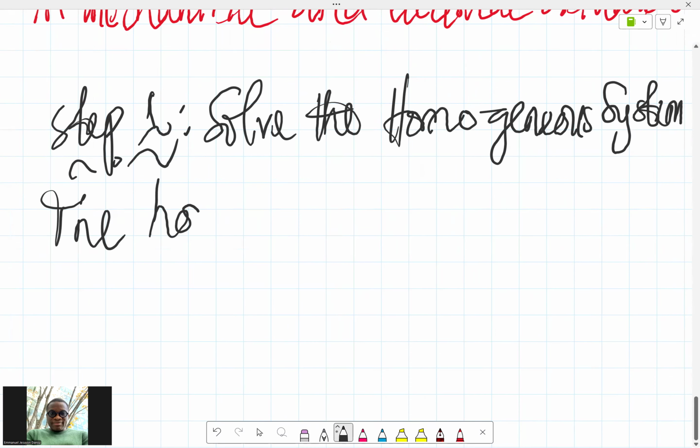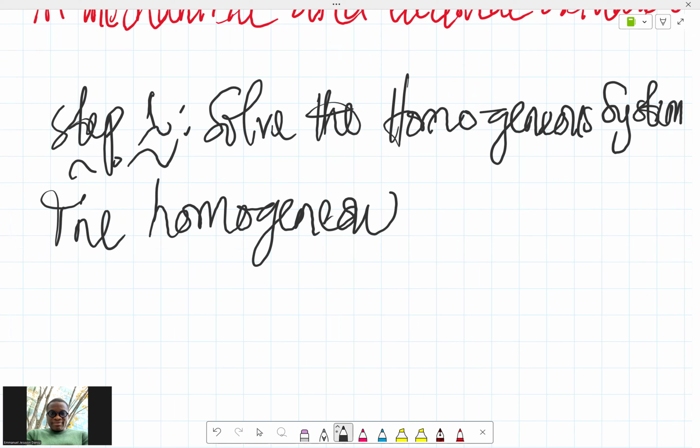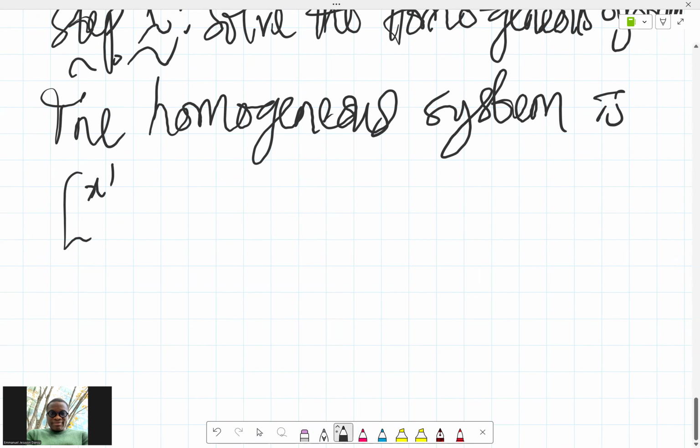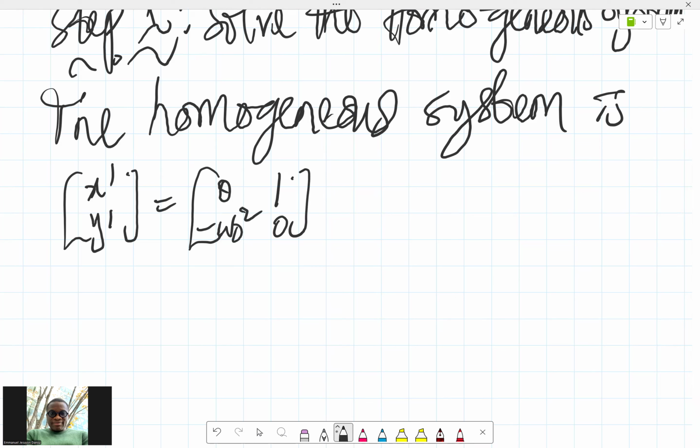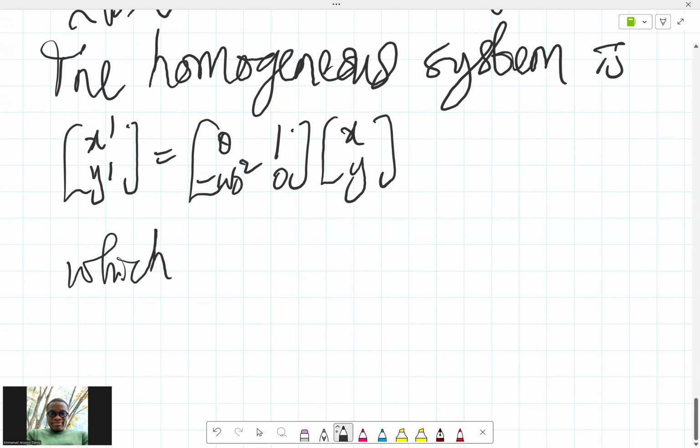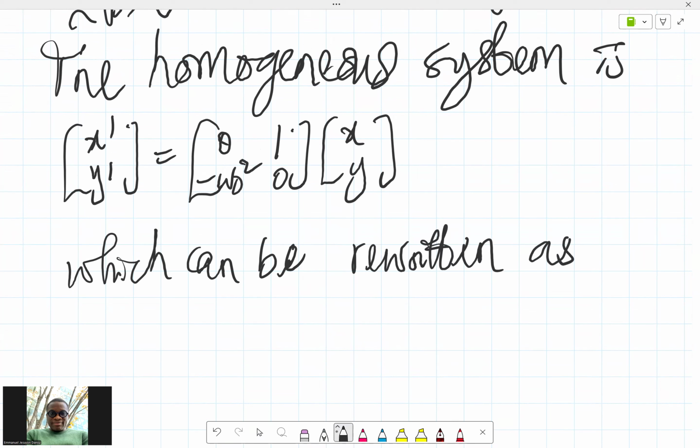The homogeneous system is x prime, y prime equals the matrix [0, 1; minus omega naught squared, 0] times x, y, which can be rewritten as a second order equation.